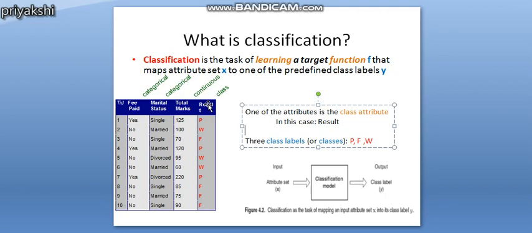Generally the last column of the data set is taken as the class label. The class labels are pass, fail and withheld. So it will take a data set and try to predict the class label based on the attribute values.